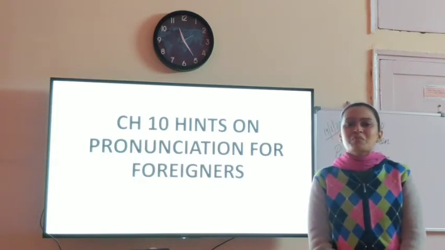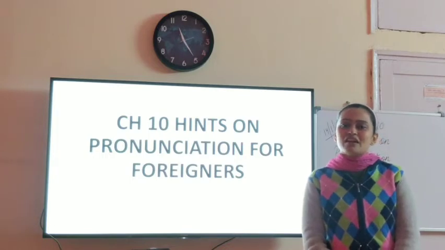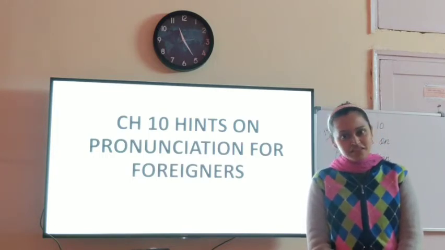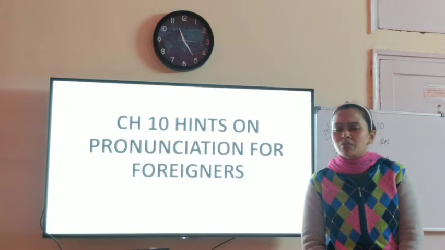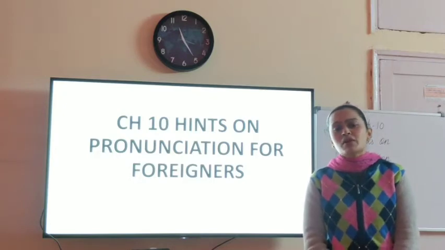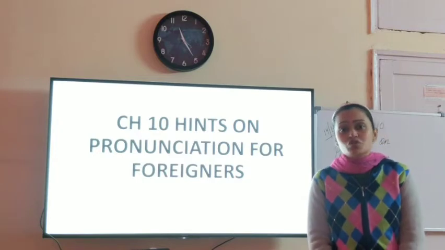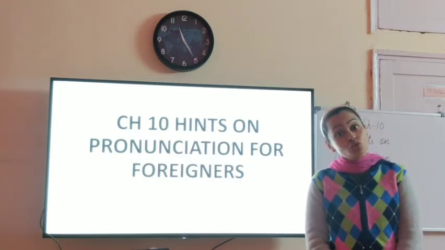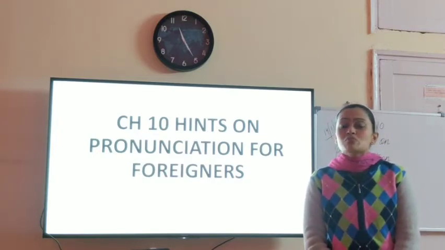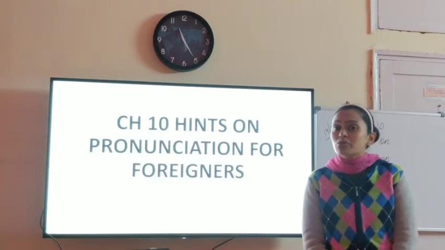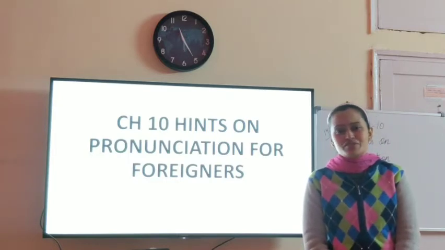Most of us children have our mother tongue as Hindi or any of the other languages in our country, but English is a foreign language to us. It is a new language to us. To master a new language is a little difficult, children.